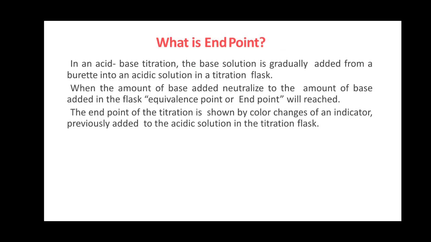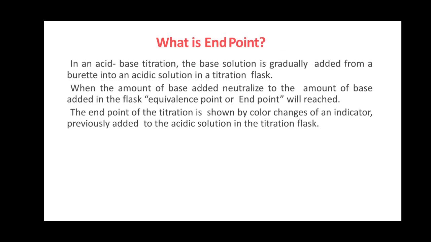So when we are slowly adding a base to the acidic solution which is present in the conical flask, it reaches a point where the acid and base get neutralized. That is called the endpoint.